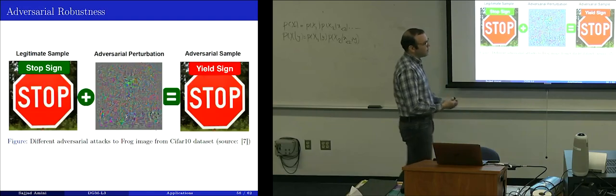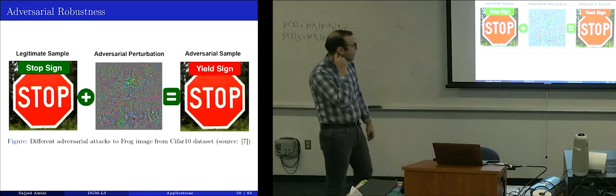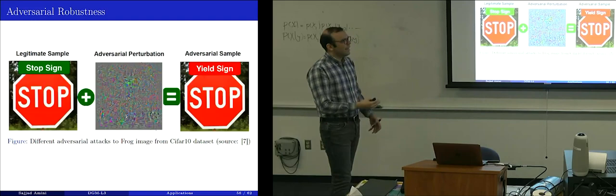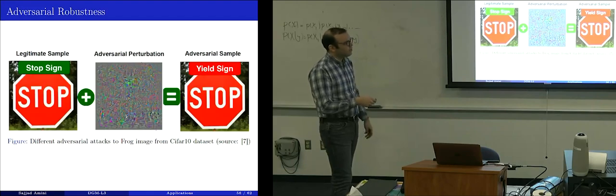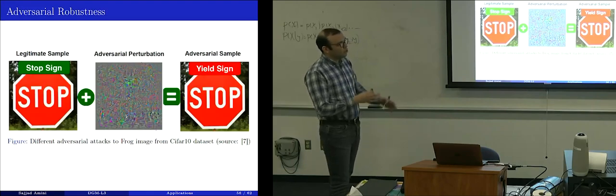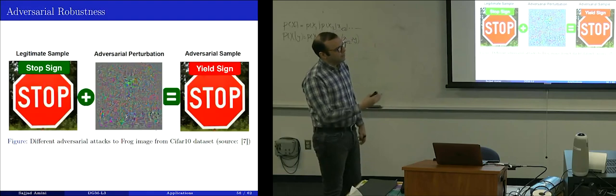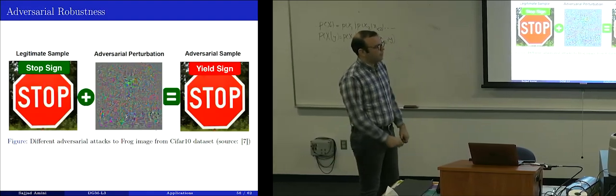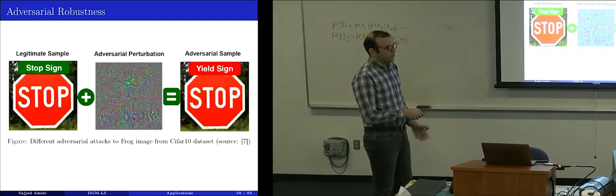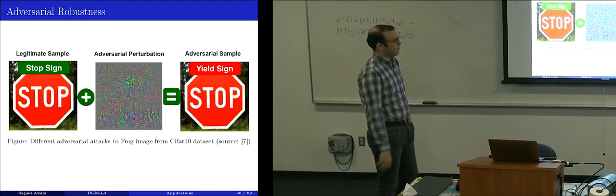This is the problem with deep learning models, that they are not as robust as humans, because humans do not change their inference for these two images, and even much noisier versions. This is a very simple, almost trivial task for humans.